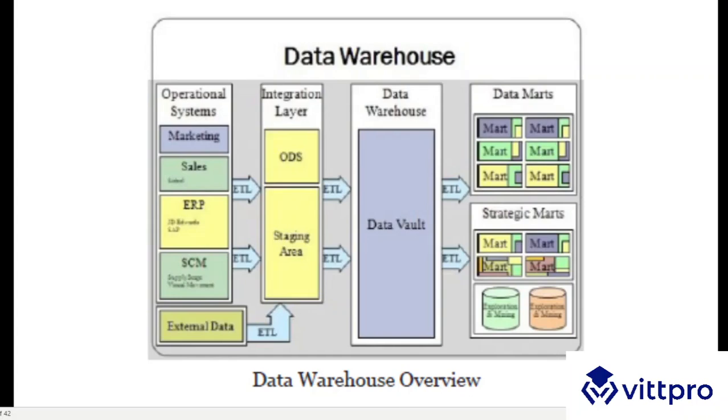You can consider that a small family mart, which has data for all the products from different markets, but specific to the localized need. So the strategic mart will not have data which is not required there. This is the overview of the data warehouse. This is how it looks.